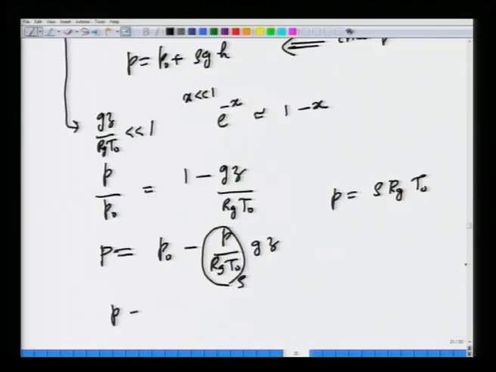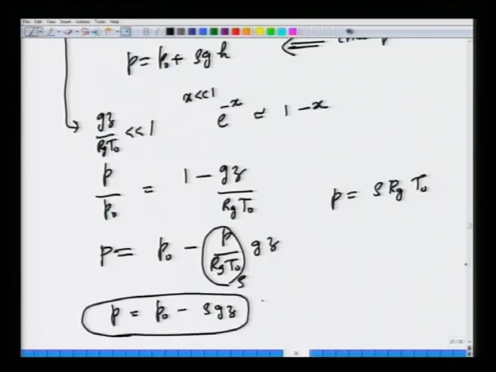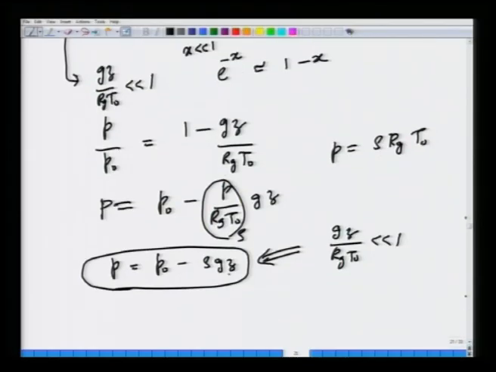So, P is P naught minus rho g z. This is the same equation that we obtained for incompressible fluids, but it is obtained as a special case when g z by Rg T naught is very small compared to 1. So, even if you assume compressibility, when the elevations are not so large, this essentially boils down to the same linear variation of pressure with respect to depth.